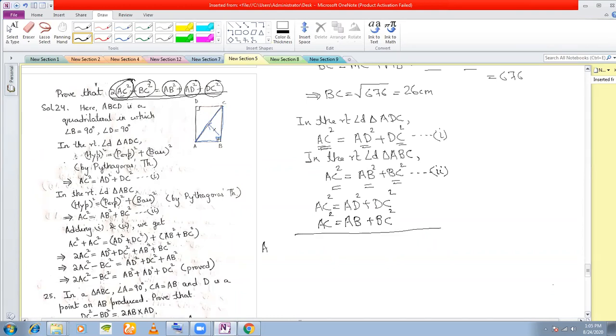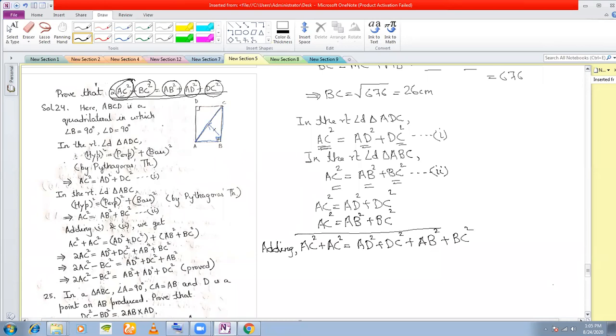Adding, what do you get? AC square plus AC square is equal to AD square plus DC square plus AB square plus BC square. We are simply adding the two relations.